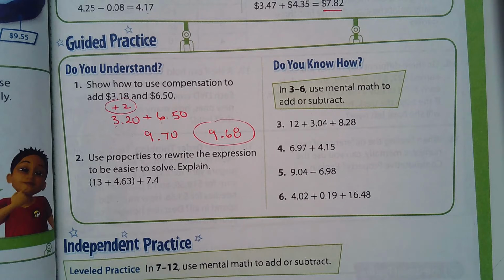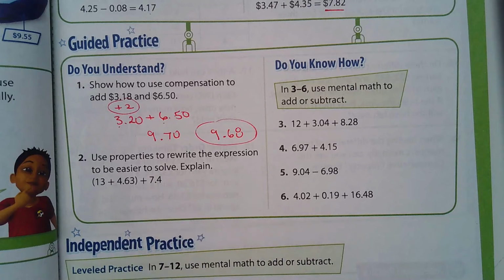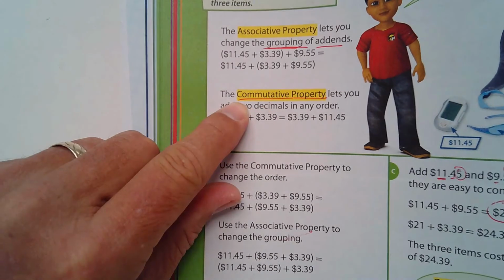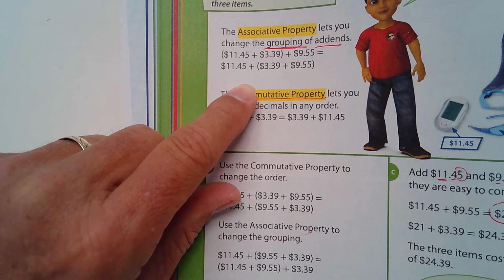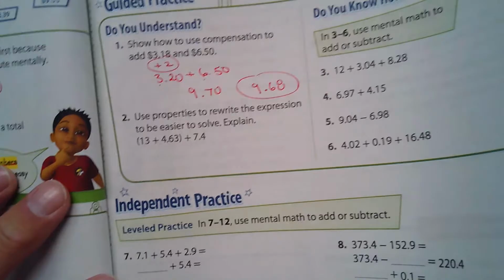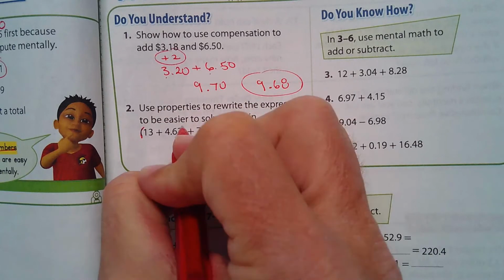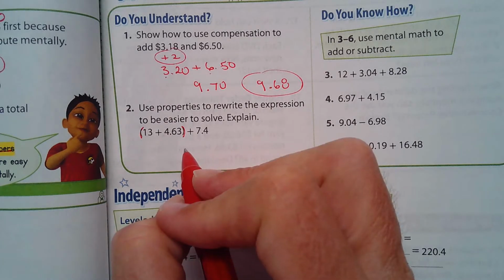It says use properties to rewrite the expression to be easier to solve, and then explain. Properties. Well, so what are we talking about? We're talking about the associative property or the commutative property. And the associative property, you can change the grouping symbols. And so I look at this one here, and I see that we have grouping symbols. That's what these parentheses are. Let's see here.